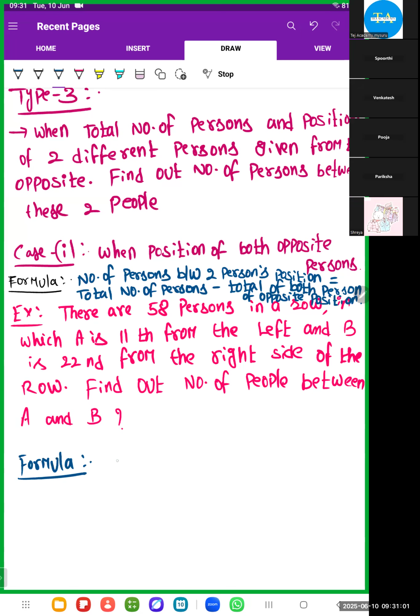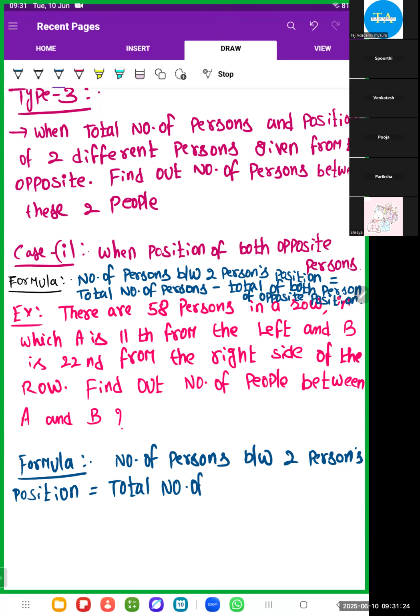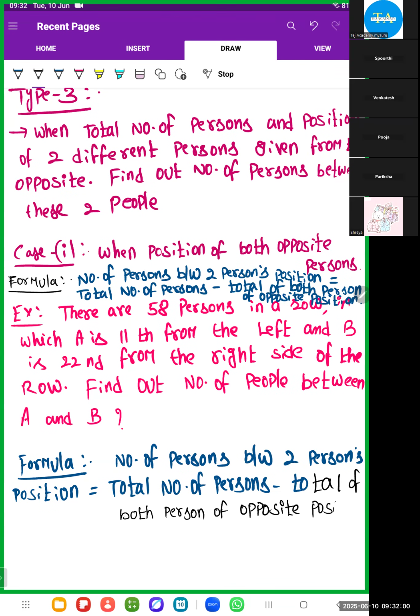The number of persons between two persons is equal to the total number of persons minus the total of both persons' opposite positions. This is the formula.